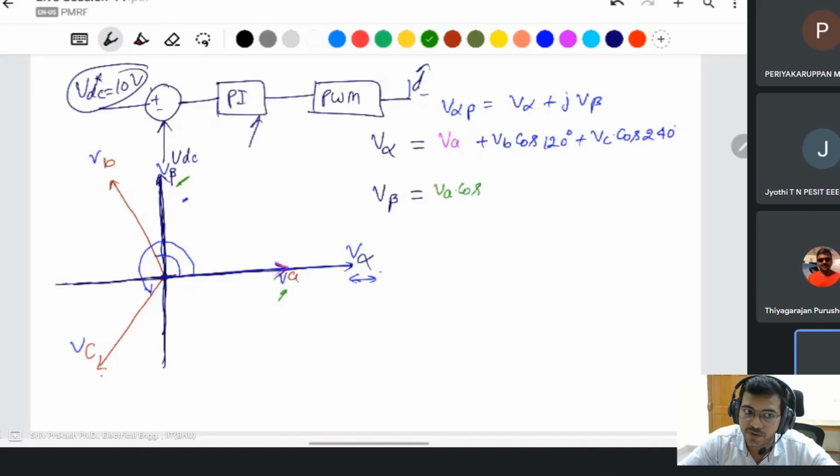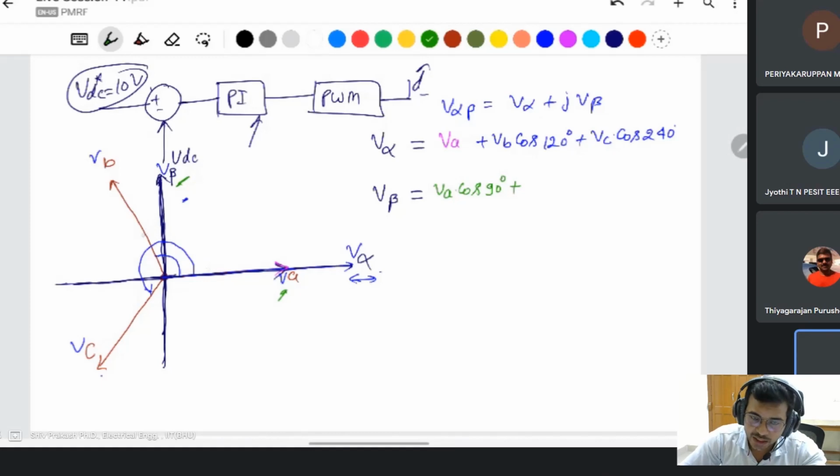What is the angle difference between them? 90 degrees, take cos 90 degrees. Plus, what is the effect of VB on V beta? And what is the angle between them? This is the 90 degree.